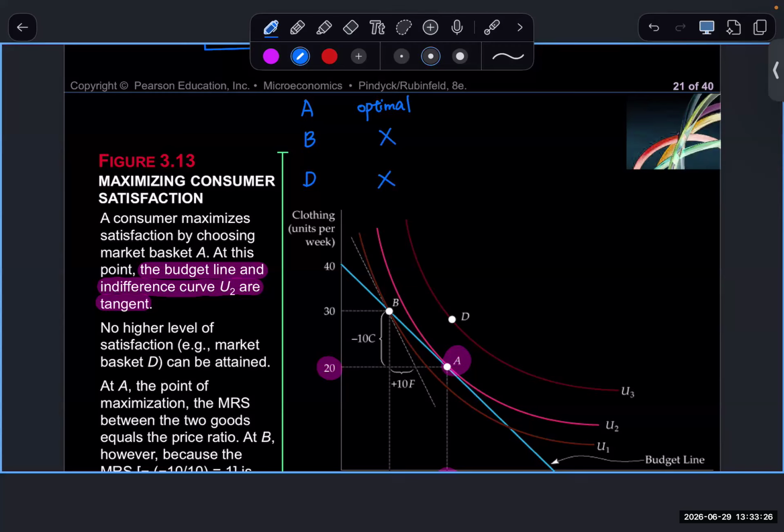A is on U2. How about point B? Point B is here. It's on U1, right? The lower utility. How about point D? Point D is at U3, the highest one, but unaffordable, okay? Because we have the budget line here.